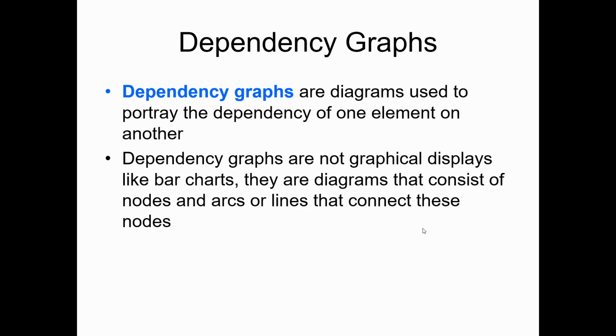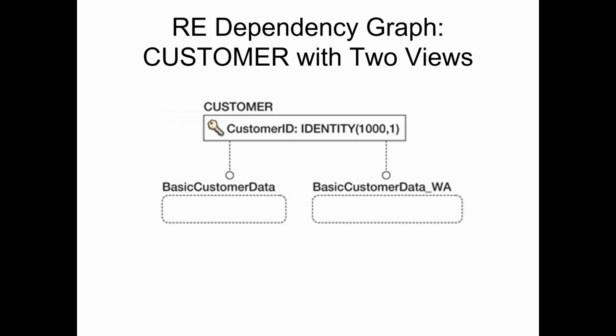They are diagrams that consist of nodes and arcs, or lines that connect these nodes. This is a reverse engineering dependency graph that shows the table customer with two views. If a change happens, the dependency graph will provide an idea of what other parts of the database will be affected, for example tables, triggers, stored procedures, relationships, and so on.